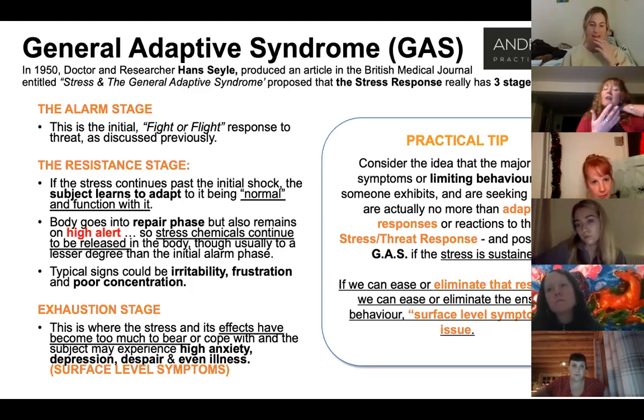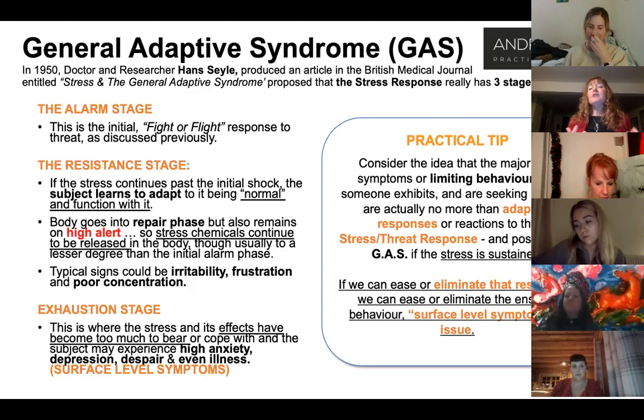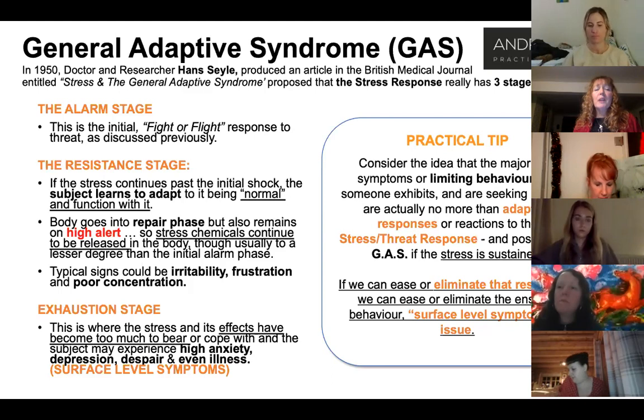So you've got the alarm stage, which we've just been talking about. That's your fight, flight, your initial reaction. That might be a real physical situation, or it might be a psychological response, like the fight, flight, freeze, feign, and so on. So that's when it actually happens.